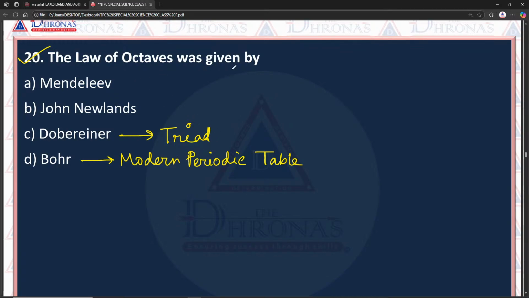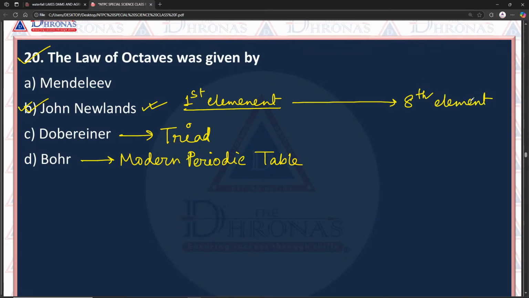Now law of octaves means this one was given by John Newland. उनका फॉर्मूला था लॉ ऑफ ऑक्टेव्स. फर्स्ट एलिमेंट की प्रॉपर्टीज will be resembling with the 8th element. फर्स्ट और 8th एलिमेंट के प्रॉपर्टीज में रिजेम्बलेंस होगी. ठीक है, so that is known as the law of octaves, which was given by John Newland.